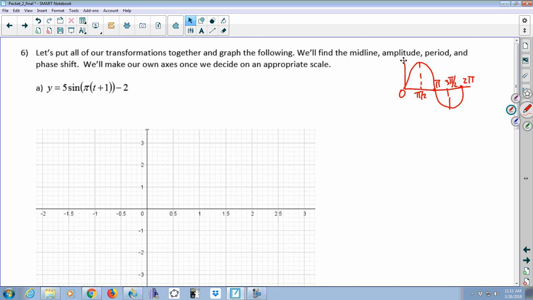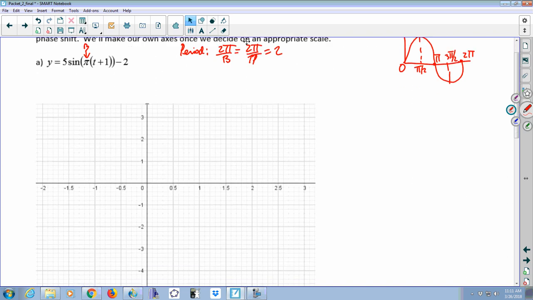Okay, so let's determine what our period is here. We know B, here's B. B is pi. So our period is 2 pi divided by B, which is 2 pi divided by pi, which is 2. That means one cycle of this entire function is going to happen between 0 and 2. Now from here I find my quarter points.